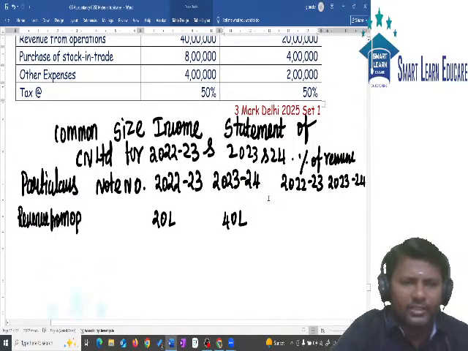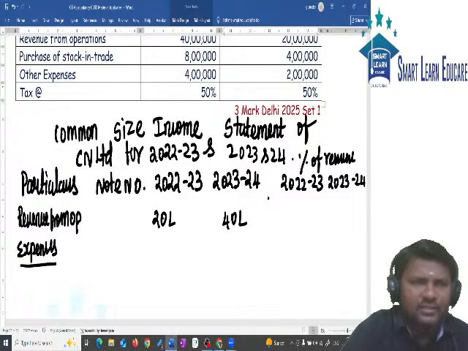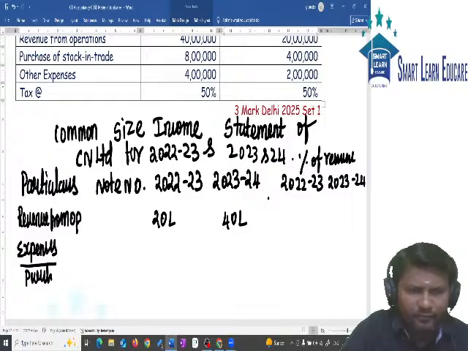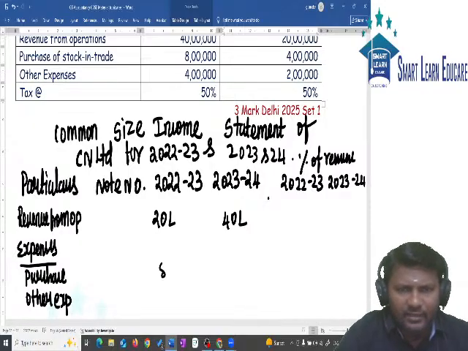Okay, now next, less expenses. We have two expenses. One is purchase. Another one is other expense. How much is purchase? 8 lakh and 4 lakh.